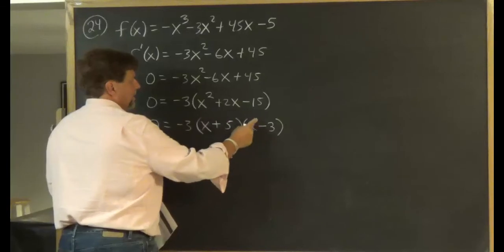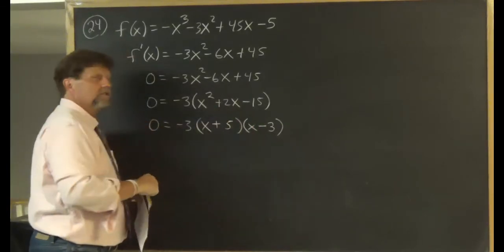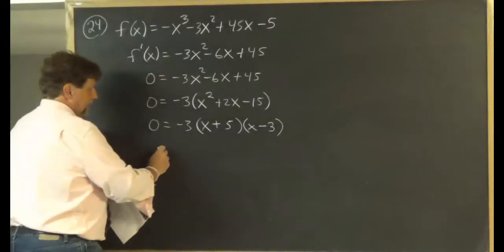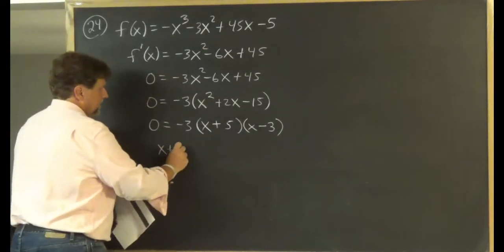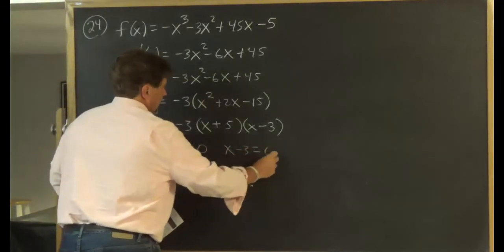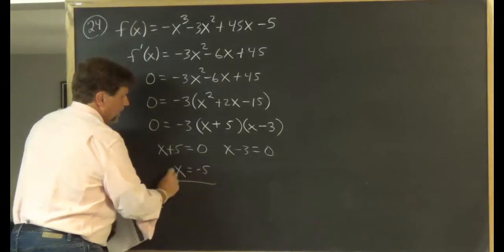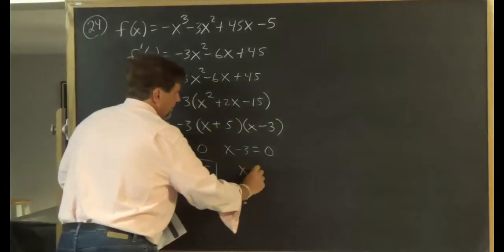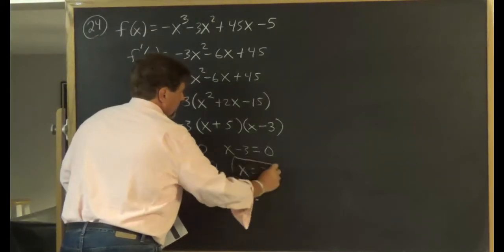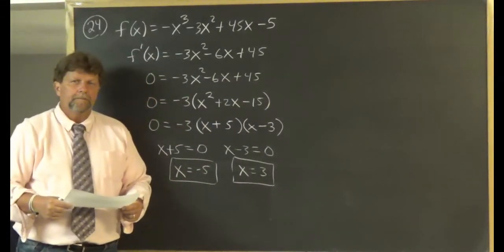That would give me a -3x plus a 5x is a 2x, so it checks. I take the factors, set them equal to 0, and I determine that the critical values are -5 and 3. So hopefully you were able to get those critical values.